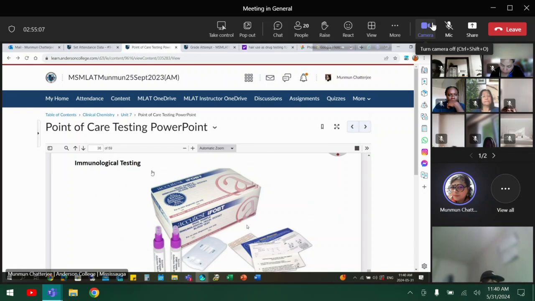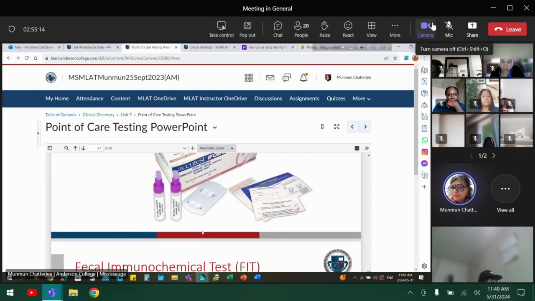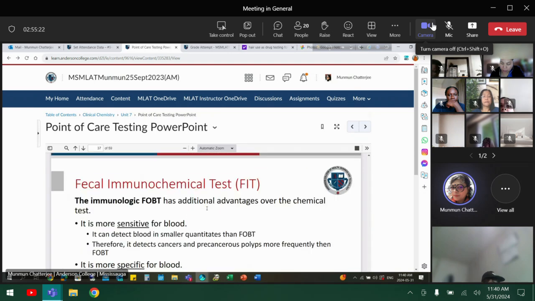This is immunological testing. You have the test window and control window, you put the solution, it migrates, and if there is any blood present, it gives you some color.